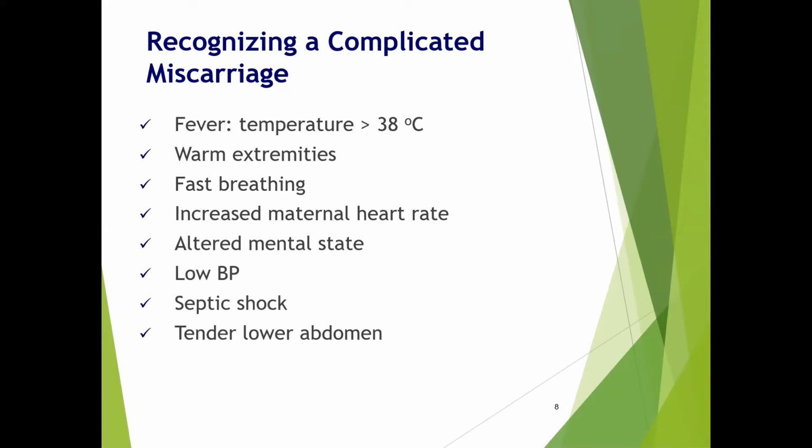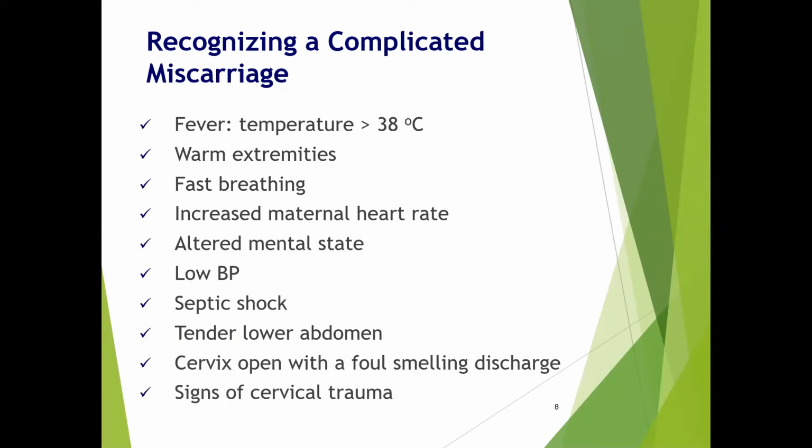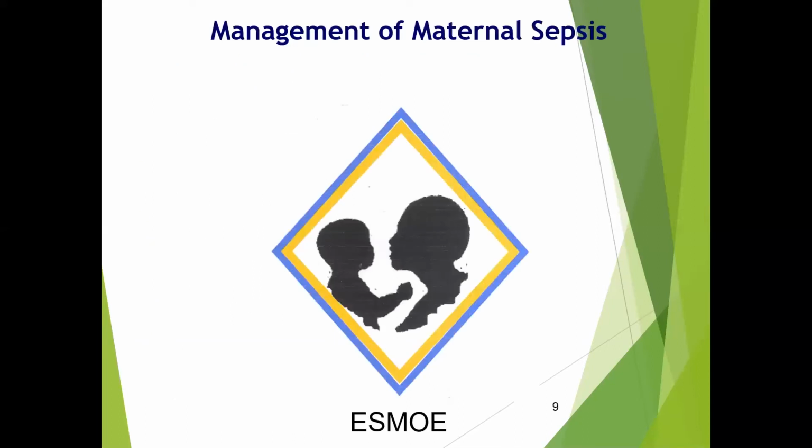The abdomen will be peritonitic, and the cervix might be open with foul-smelling discharge. And as I said, those who go for backstreet miscarriages, sometimes those use instruments that are quite traumatic, and the patient can also have evidence of trauma, like cervical trauma. They can even sometimes have bowel protruding through the cervix.